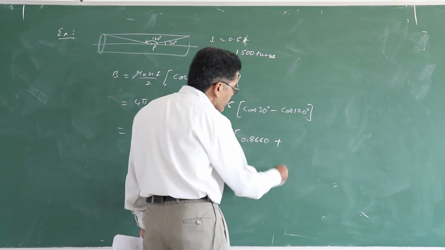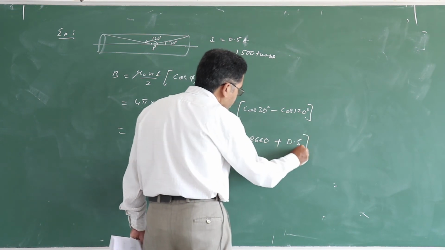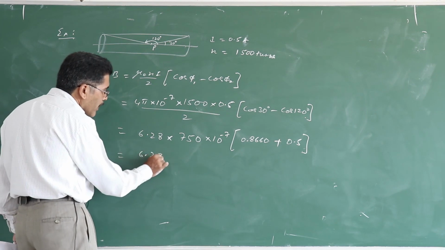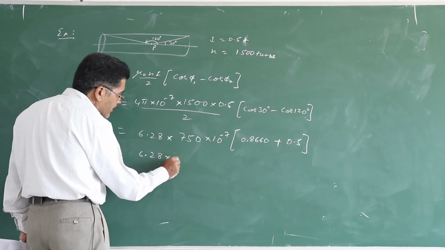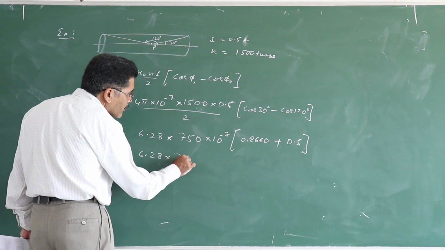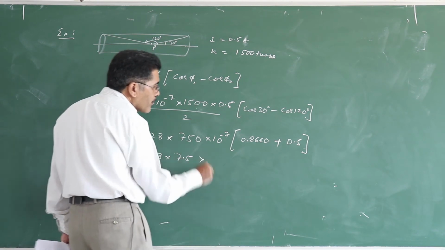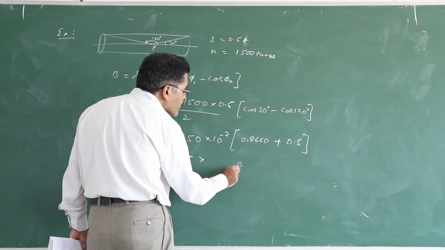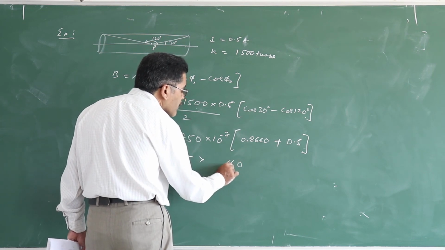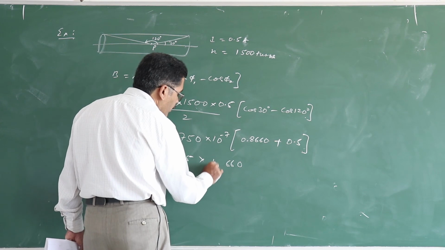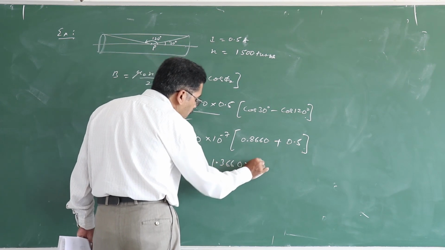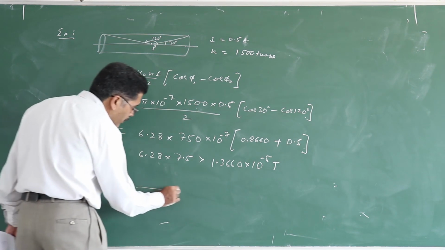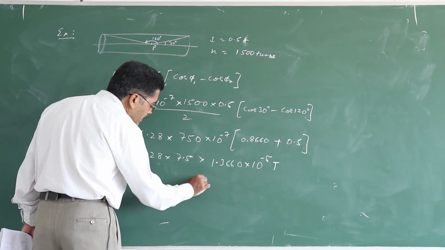Cos 60 is 0.5, so minus of minus becomes plus. You please simplify this. 6.28 into 7.5 into, when you add this you will get 1.3 into 10 raised to minus 5 Tesla. So please simplify and express it in terms of Tesla.